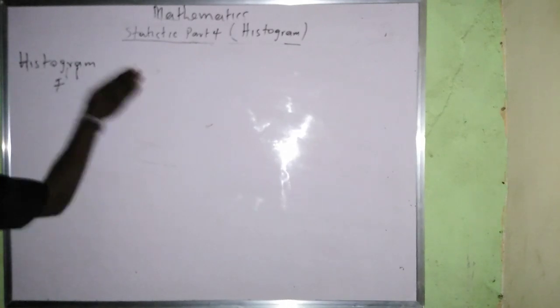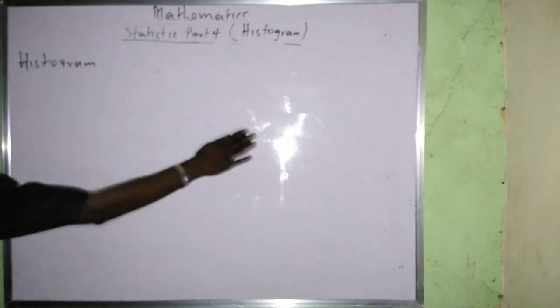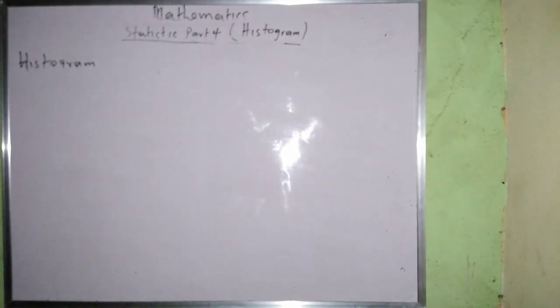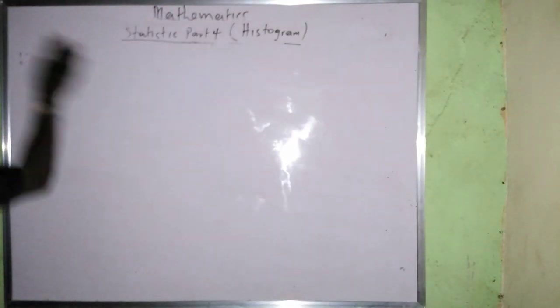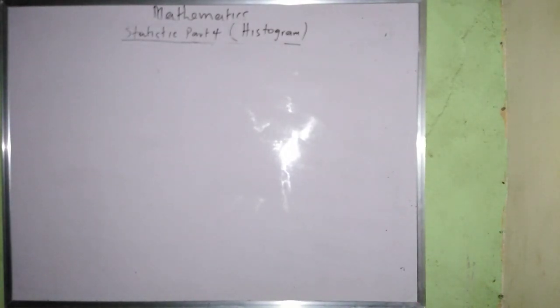To get my class boundary, because we can't use class limit or class mark for a histogram, it must be frequency against class boundary.